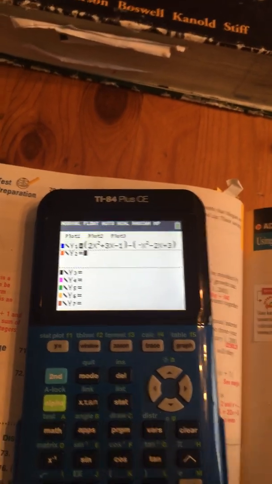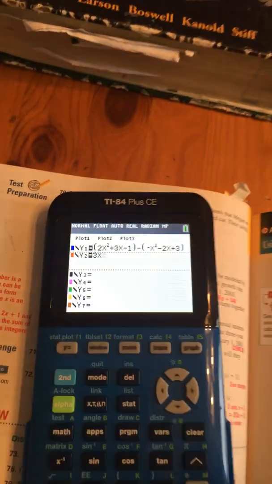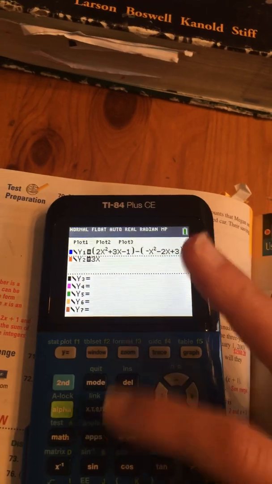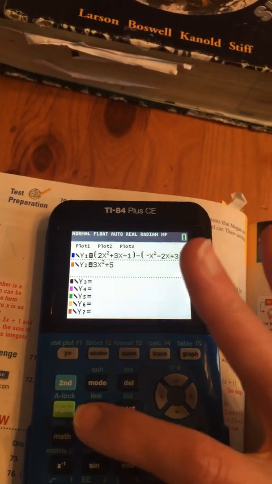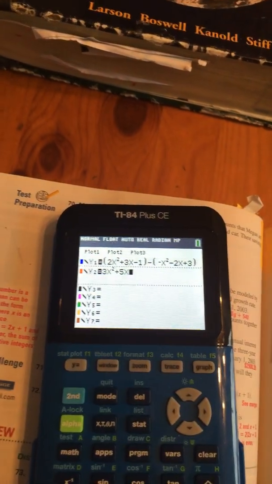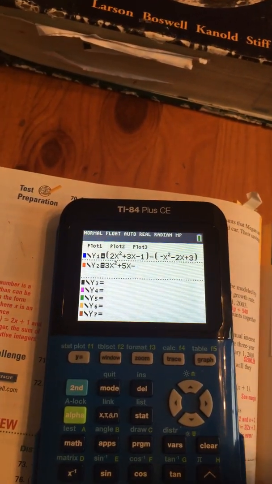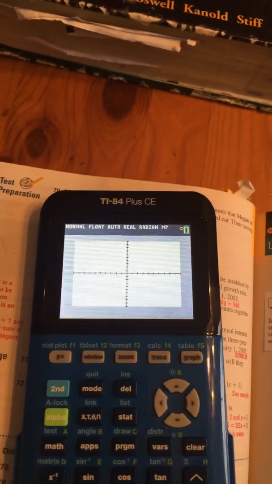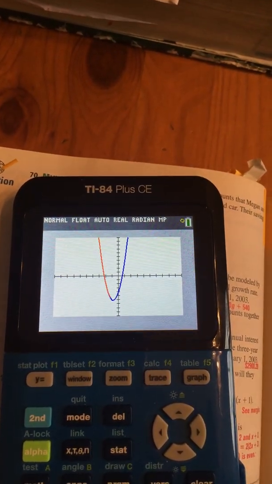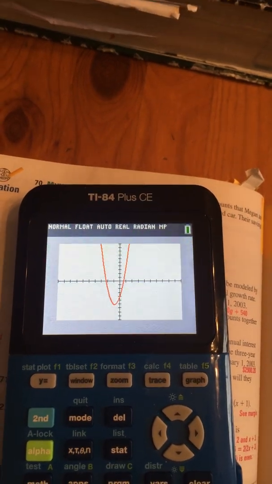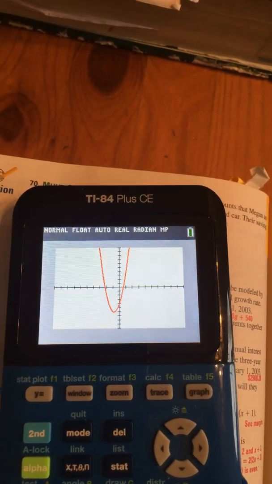And now I do my problem again and see if this is the right answer. 3x squared plus 5x minus 4. And I graph it. And first it is blue, and then it turned red. They were the same line, so I did it right.